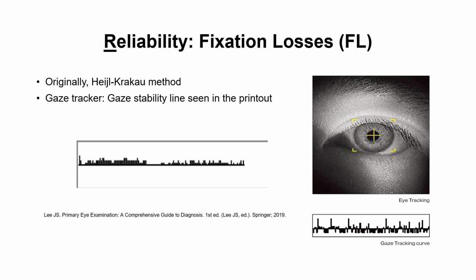So what the Humphrey Visual Field did, they use what we call a gaze tracker, where they use infrared light in order to check the gaze stability throughout the test. And you will see at the bottom of the printout the gaze stability line, like a line like that.